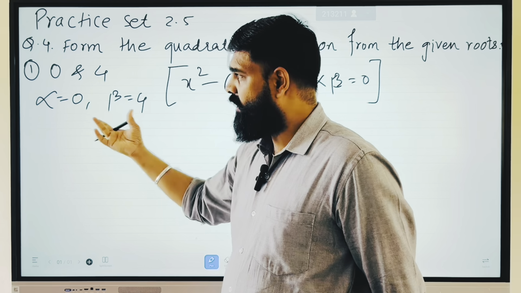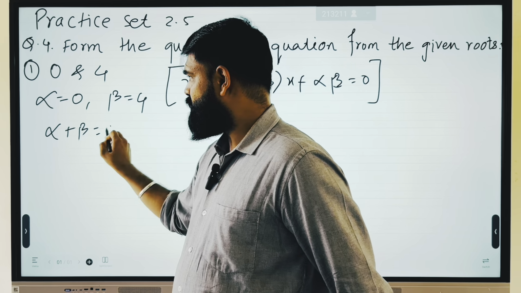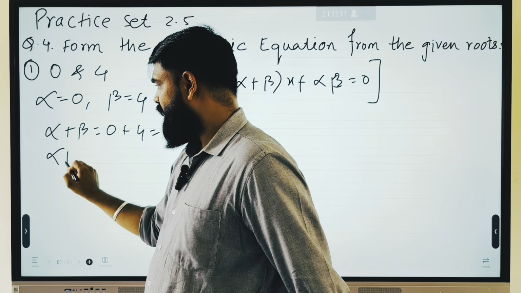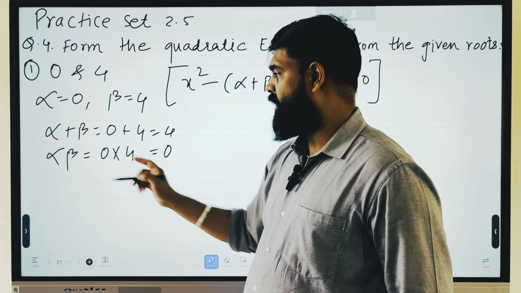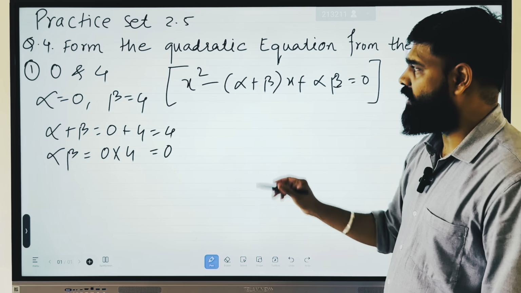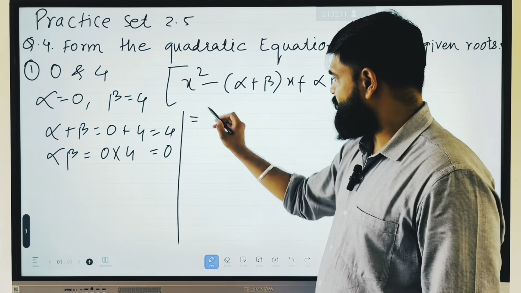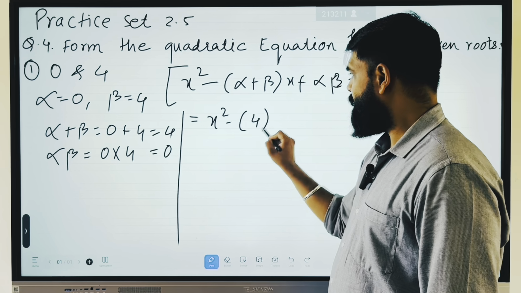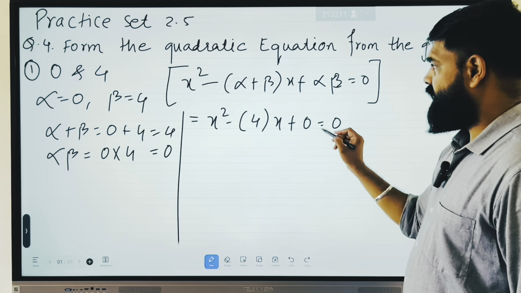So first of all, we have to add the two roots. Alpha plus beta, 0 plus 4, is equal to 4, and alpha into beta, 0 into 4, so the product of the roots is equal to 0. Now we are going to put these values into the equation. So x squared minus 4x plus 0 is equal to 0.